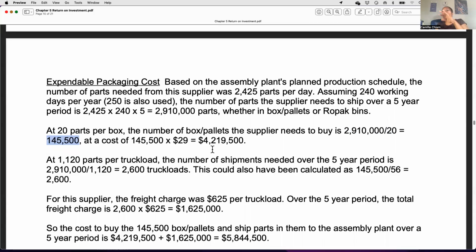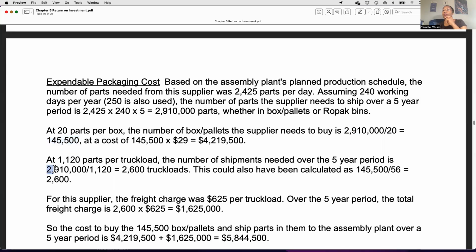Looking at your parts per truck, now we know based on that box, we can get 1,120 parts per truck, okay? What you're trying to do is calculate how many trucks you're going to have, so you can calculate your cost and everything.